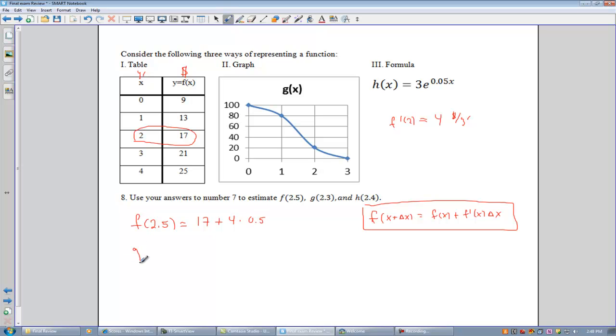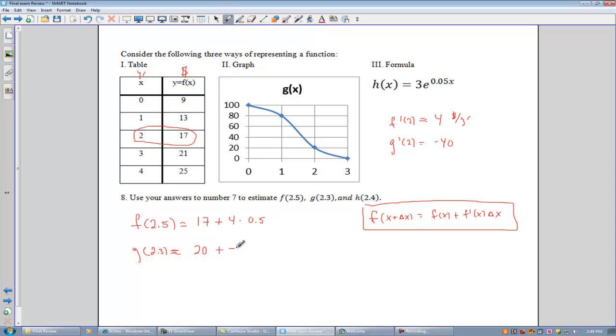Same thing works for g. So g of 2.3, what is this approximately? Well, you start at 2, and so you get 20. And then plus, for 2.3, how is g changing? Before we found g prime of 2 to equal negative 40.